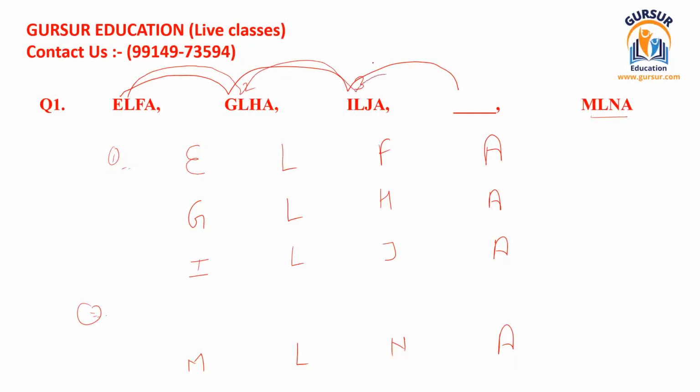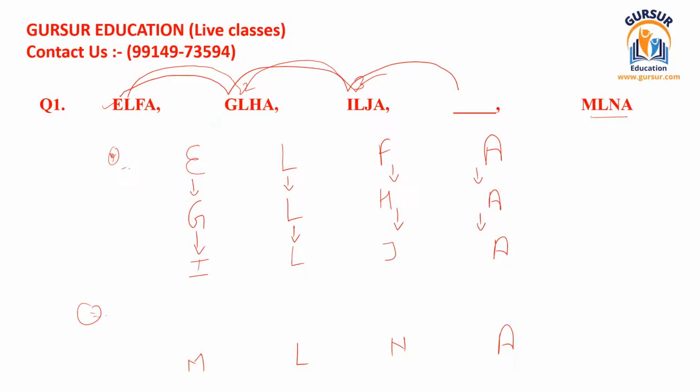If you write the whole question in elaborated form, it becomes very easy. So you have to see the relationship between E and G, then G and I, then L and L, then F and H, then H to J, then A, then A. In this way, you find the relationship between different elements of the different combinations.